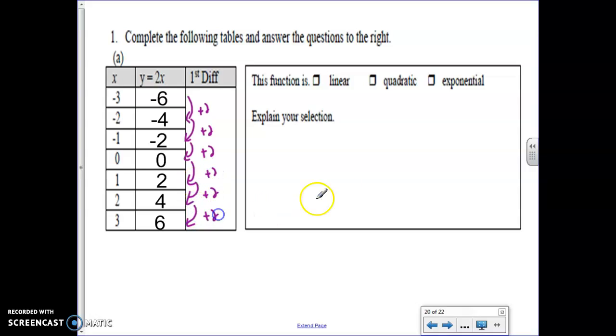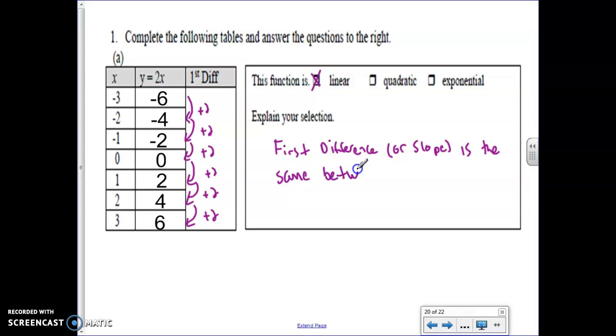Plus 2 gets me 6. So in this case, that first difference is the same. So we're going to say it's linear because our first difference, or slope, is the same between y values.